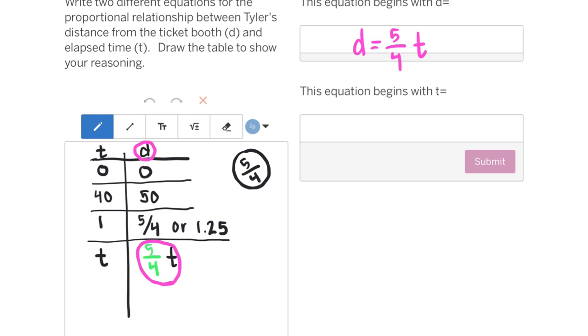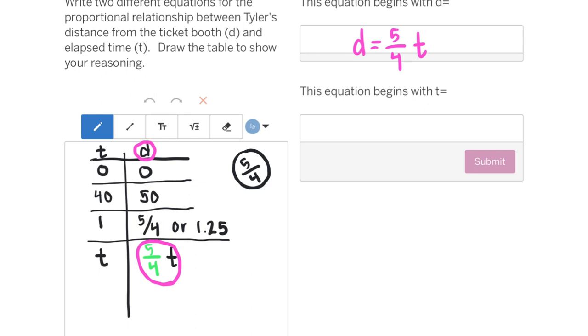So we just saw 3 different representations of the same relationship. We have the graph, which was on the previous slide, our chart, which was also on the previous slide, but I recreated some of it here, and now the equation that represents that. And then if we get really fancy, we can flip our equation.